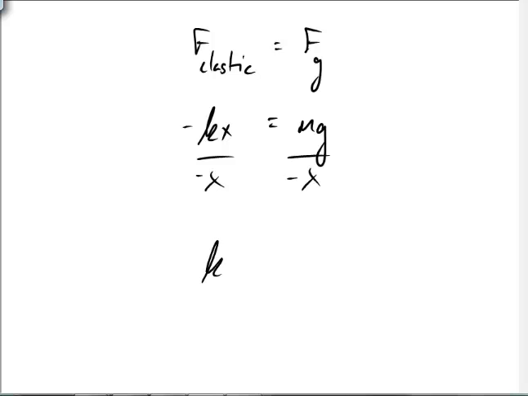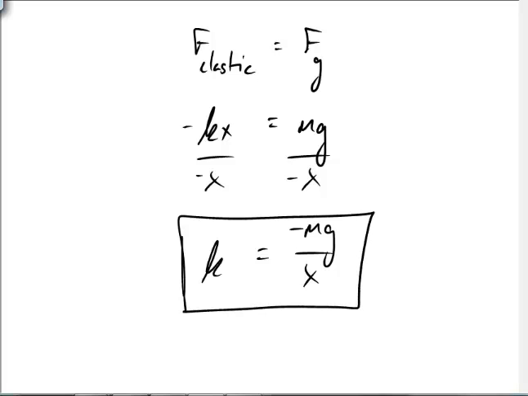And actually, I'm going to divide out negative x. We'll talk about why we do that in a second. This is a nice way to determine the spring constant of any spring, maybe the springs you use today in class. Of course, this lends itself to a nice graph, which we'll talk about in the plus podcast.